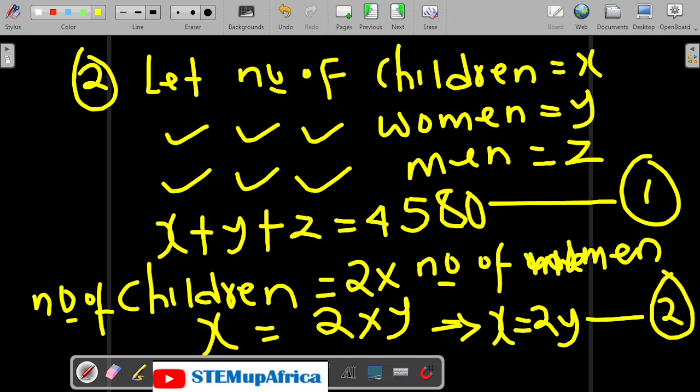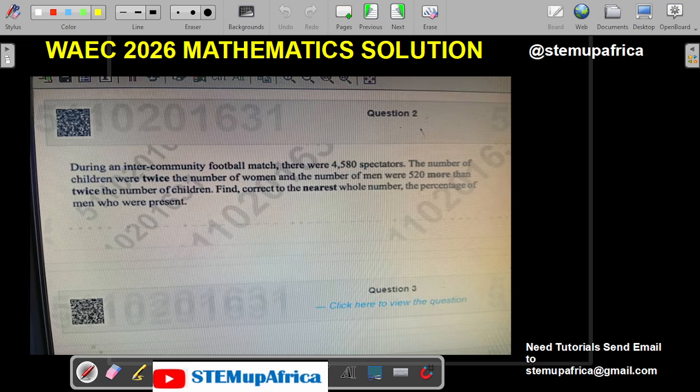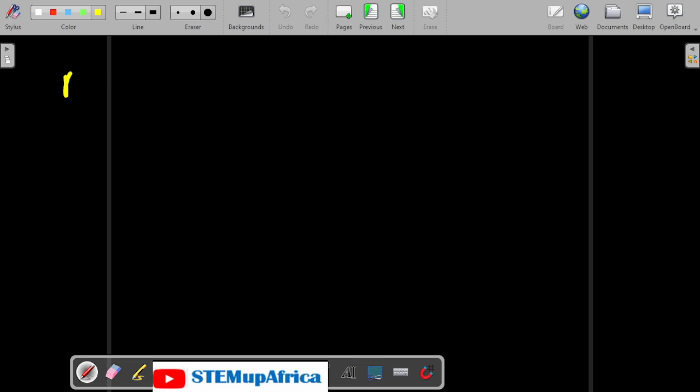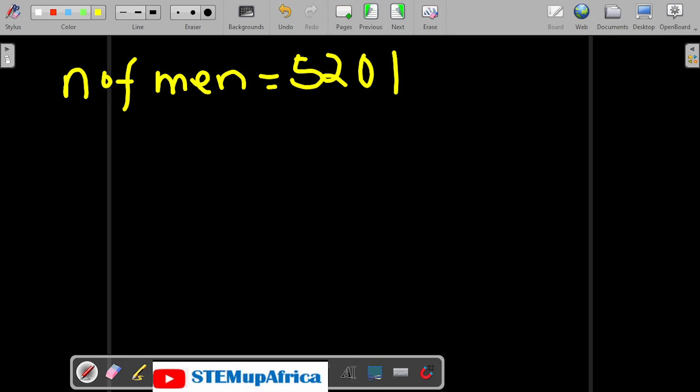So let's continue reading the question. It said the number of men was 520 more than twice the number of children. So let's put that in context. The number of men is 520 more, which is plus 2 times the number of children.